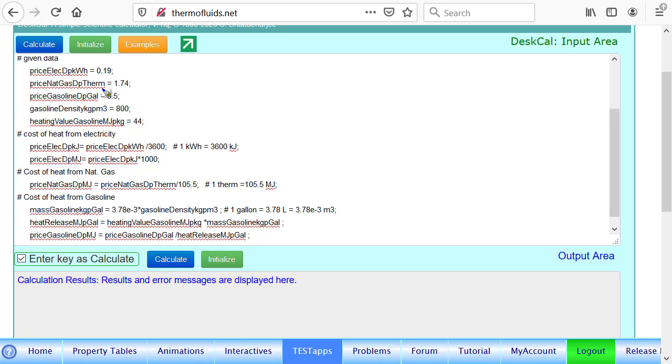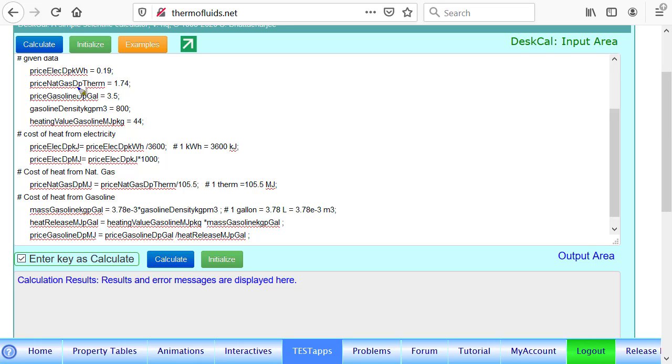Natural gas is given at $1.74 per therm, and gasoline is given in dollar per gallon, $3.5. The data for gasoline density and heating value are given in kg per cubic meter and million joule per kg. As you can see, I have a habit of always putting the units at the end of the variable name.